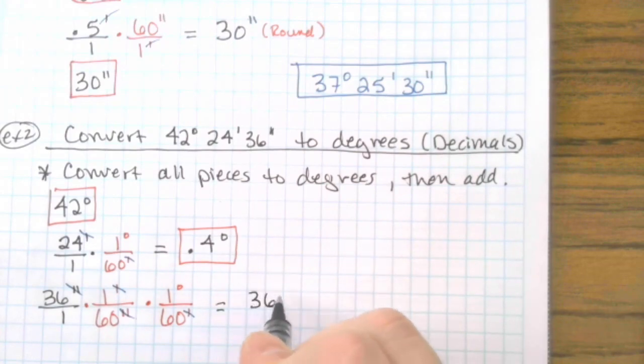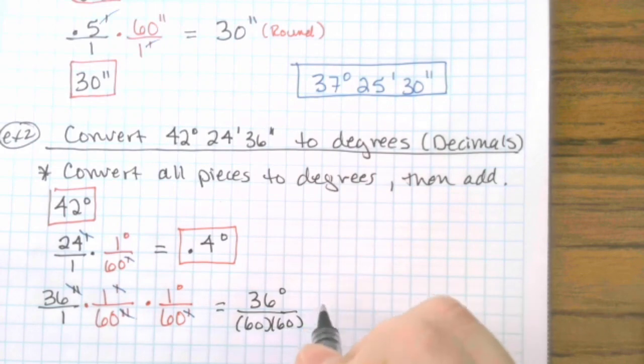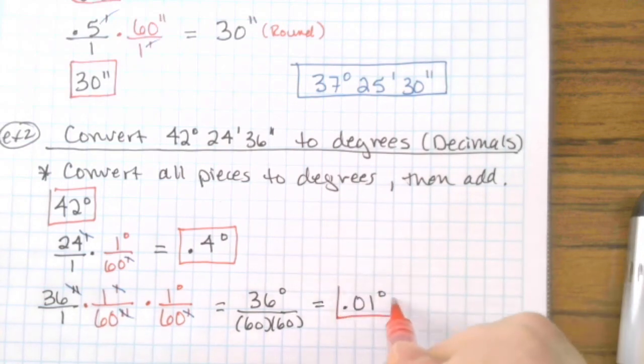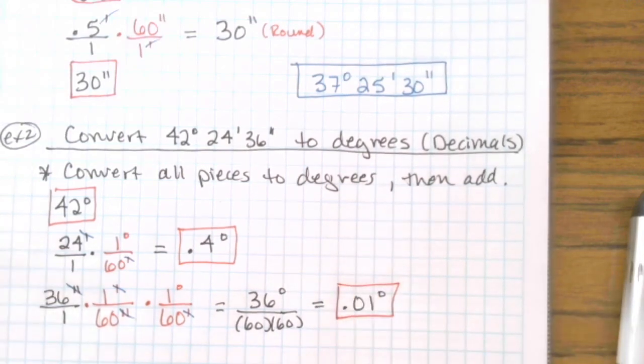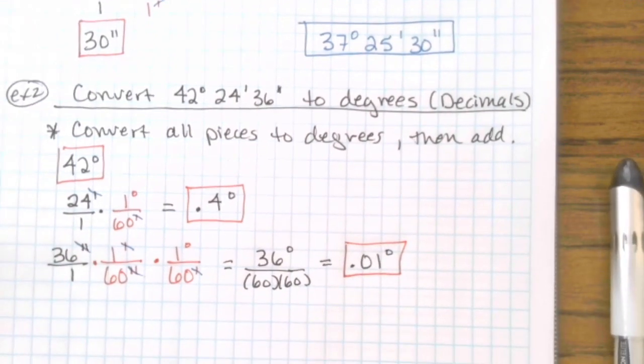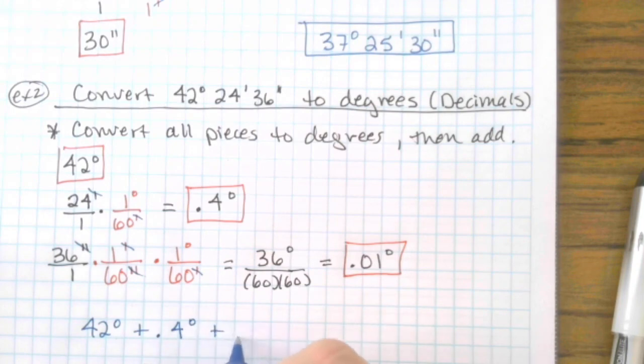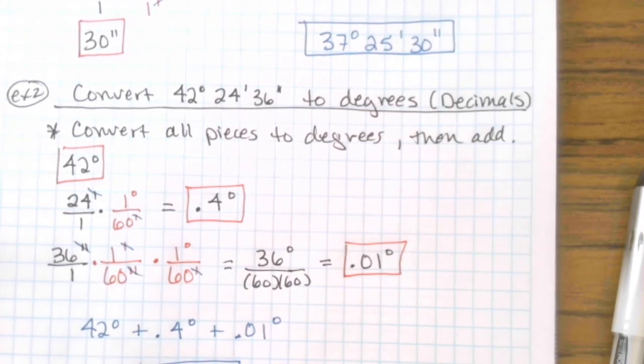So we have 36 degrees over 60 times 60, which ends up being 0.01 degrees. So we converted the minutes, we converted the seconds. Now we're going to add those together. So 42 degrees plus 0.4 degrees plus 0.01 degrees is 42.41 degrees. And that would be your answer.